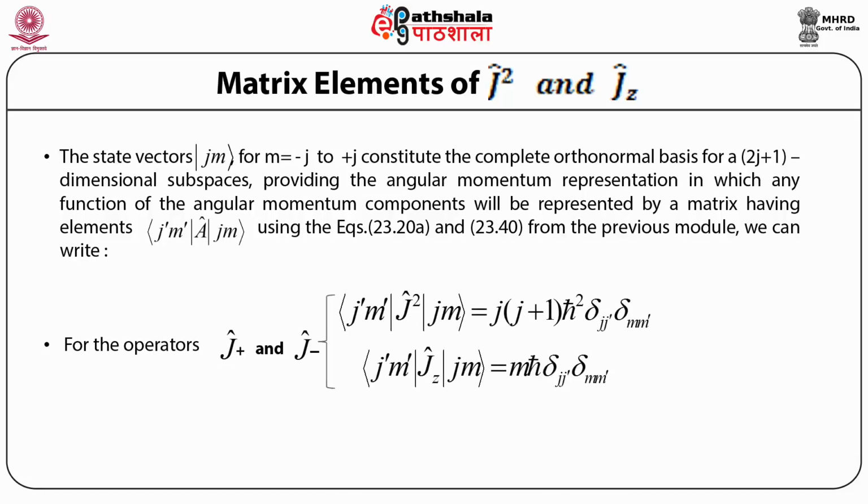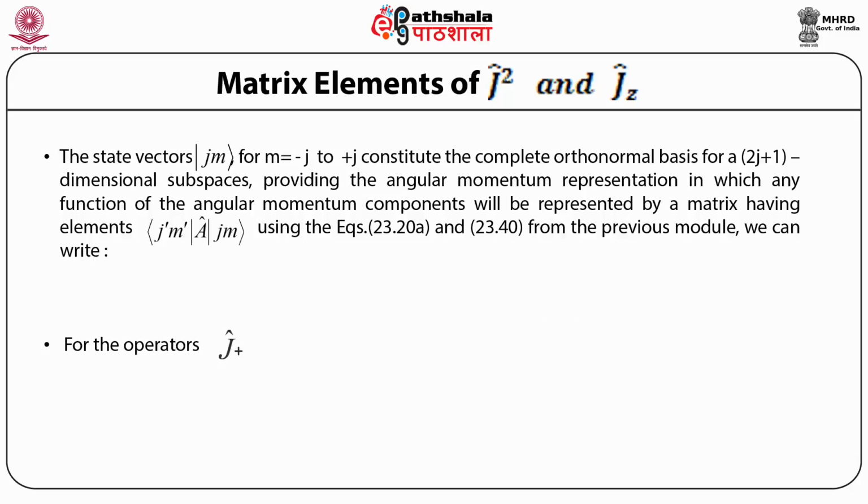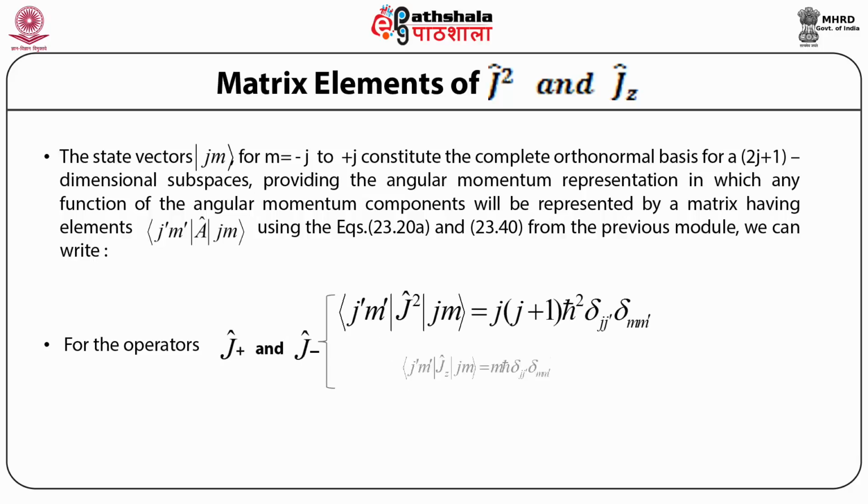So what one sees is that here h cross is the Planck's constant, and J into within brackets J plus 1 are the corresponding eigenvalues.